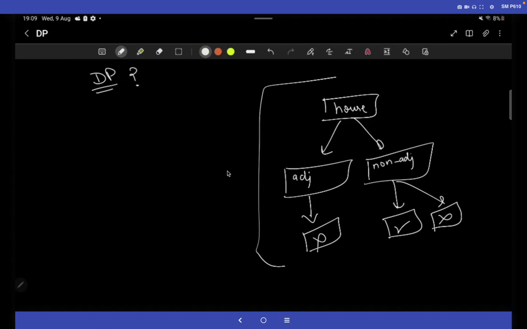For using DP, we have two conditions, if you know. First, it should have overlapping subproblems. And you must be well aware that if a question has overlapping subproblems, it could be easily solved by recursion, right? But how can we apply DP here? If we have overlapping subproblems, we can easily solve it with recursion, so why are we going to use DP?